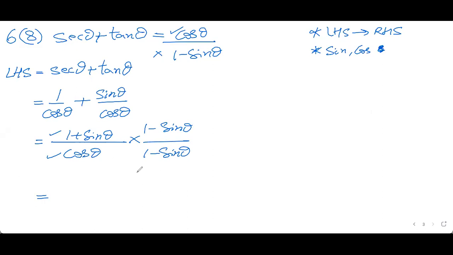So what pattern do we see in the numerator? 1 plus sin theta multiplied by 1 minus sin theta. To make it more clear, let's put them in brackets. What form do we see here? 1 plus sin theta, 1 minus sin theta.